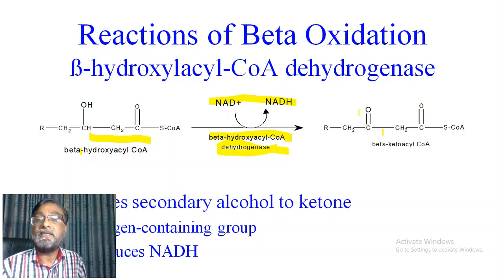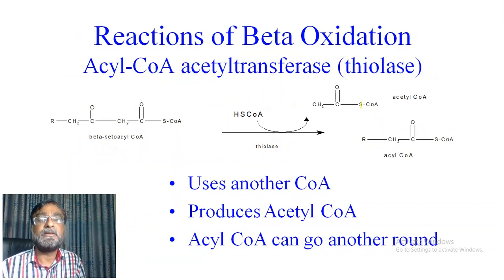You can see the keto group here, due to the presence of oxygen, and hydrogen is removed. So it oxidizes the secondary alcohol to a ketone. A ketone is formed, an oxygen-containing group, and produces NADH because the dehydrogenase is there.